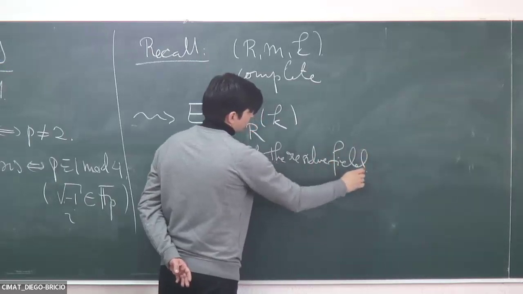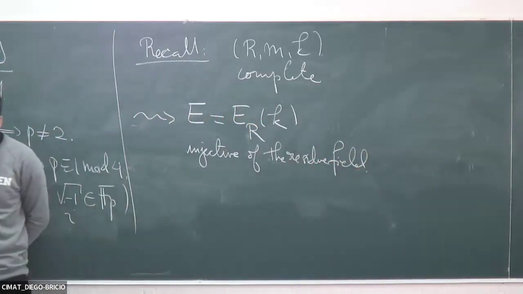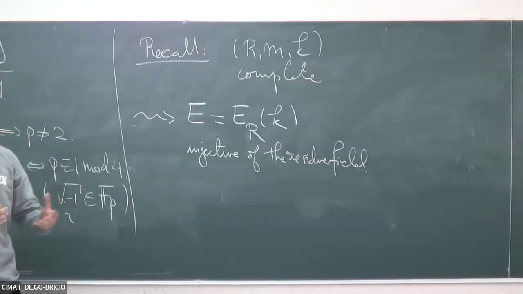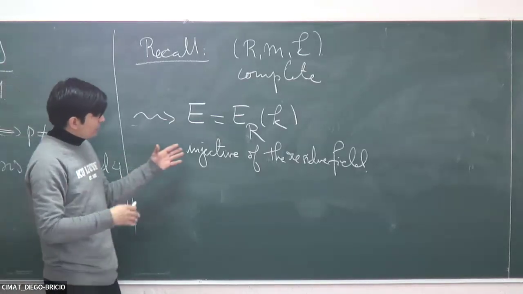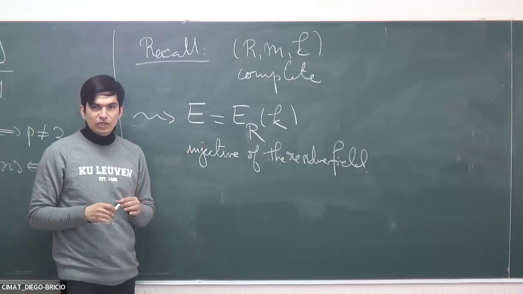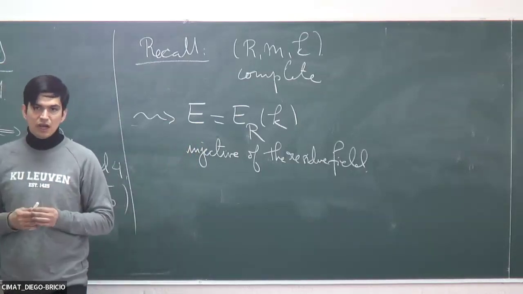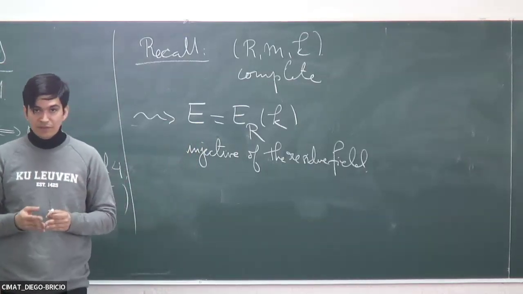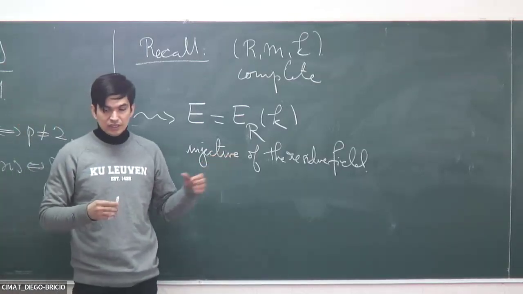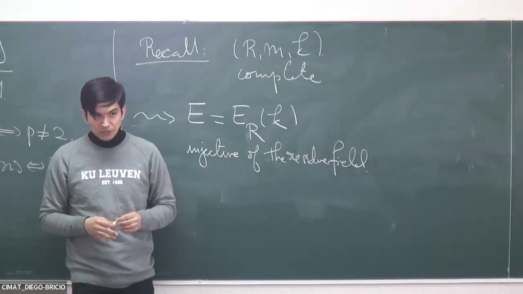So I would like to start today by making the remark that even though this may look strange, it's a very explicit object to play with. So the virtue of this thing is that it lets you do computations.